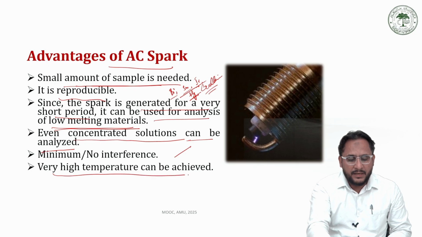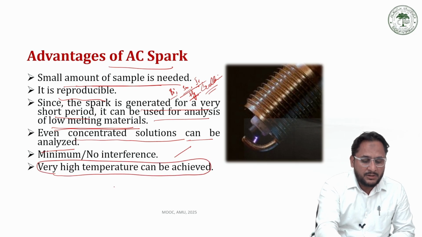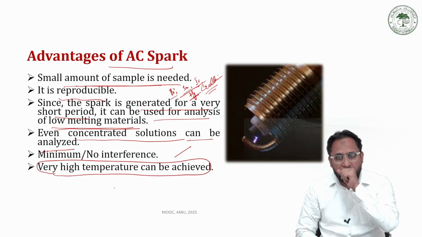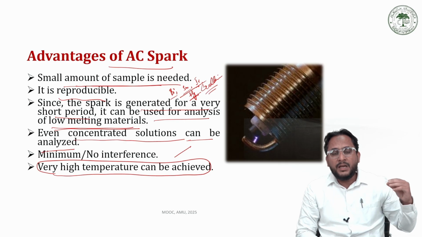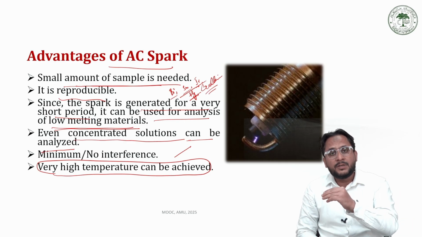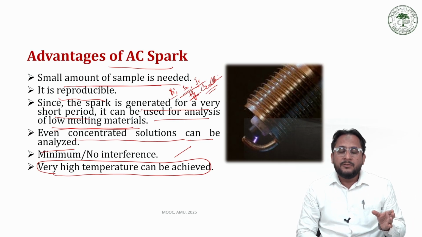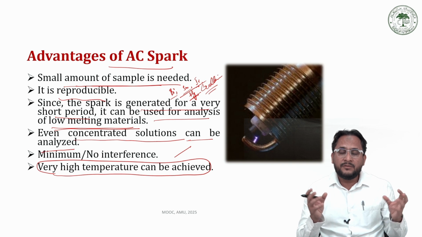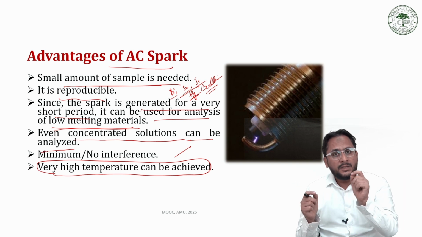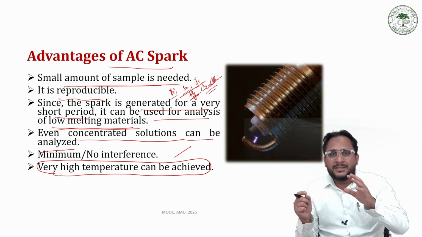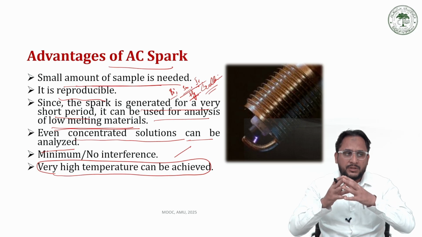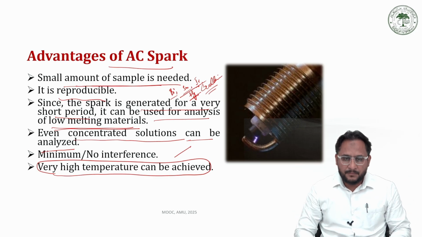And again, very high temperatures can be achieved because we have a high voltage of 50,000 volts, and that is transferred to the electrodes through a capacitor for a very short period of time. So can you believe that very high voltage in a small time? All the energy can be transferred immediately, which creates a very high temperature.